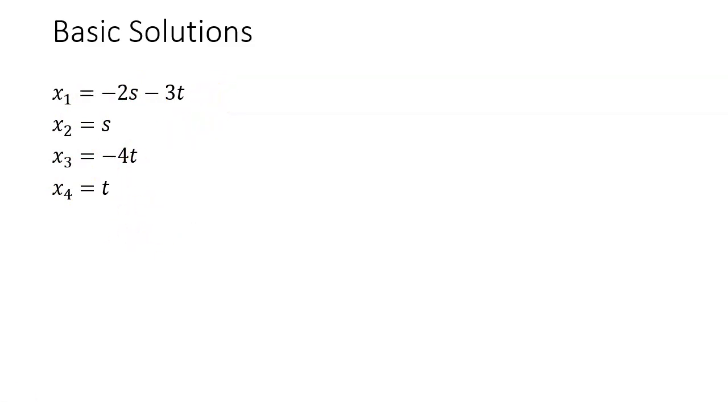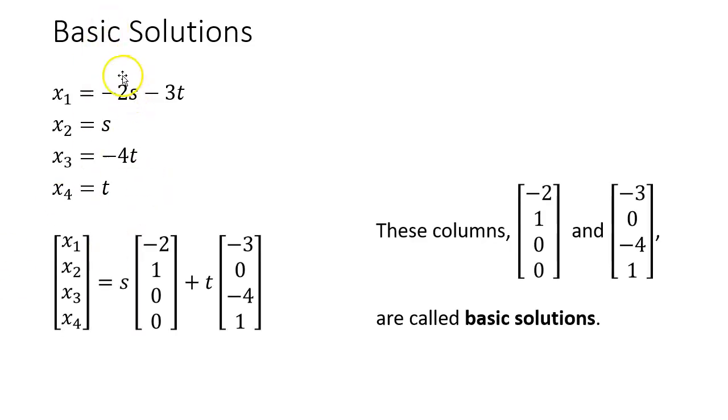Now one thing that's kind of interesting we can do here is group these together in a way by taking everything that involves s and multiplying it by a column vector, and everything that involves t and multiplying it by a column vector, and then sticking our variables in a column vector.